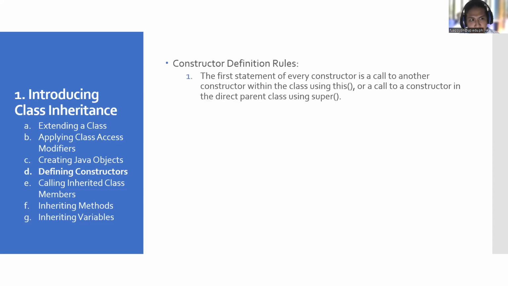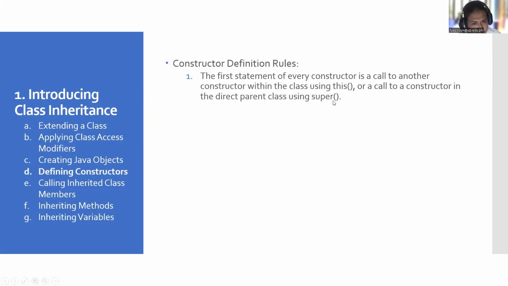So okay, this is gonna be a lot of text, so bear with me. First statement for every constructor is a call to another constructor within the class using your this. So this is your constructor chaining, if you remember last week, or a call to a constructor in the direct parent class using your super.